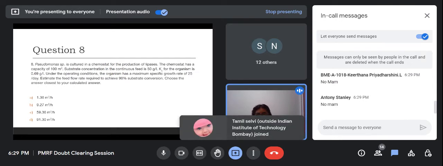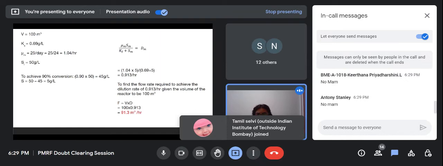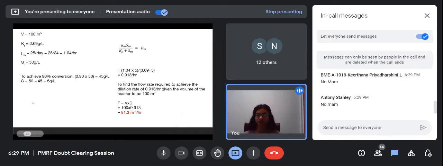So again, you will have to see what information is given to you, right? So you know the volume of the reaction is 100 meter cube. You know Ks is equal to 0.69 gram per liter. You know the maximum growth rate is 25 per day, but since everything is calculated on an hour basis, what you have to do is divide 25 by 24.